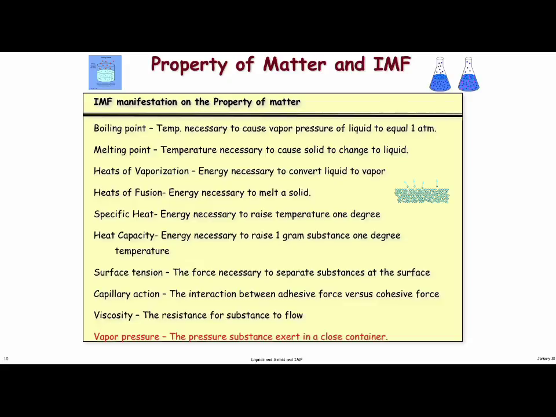Specific heat, that's the amount of energy you need to take a chemical, generally a liquid, and raise it 1 degree. Heat capacity is taking a substance that is in the same phase and just changing its temperature. If you take, for example, a carbon rod versus an aluminum rod, aluminum has a low heat capacity.